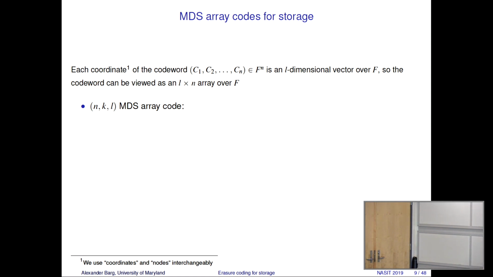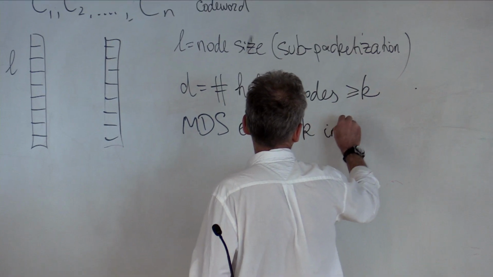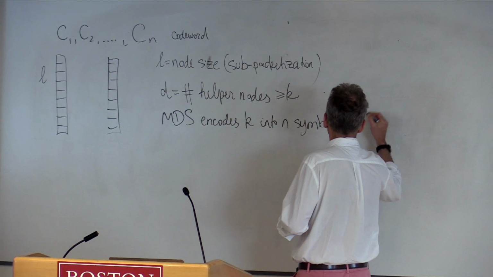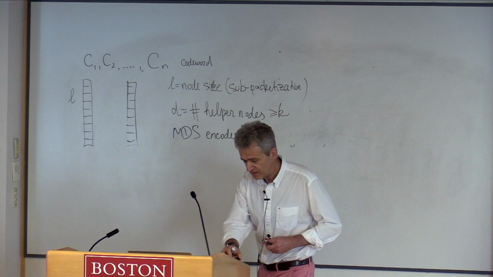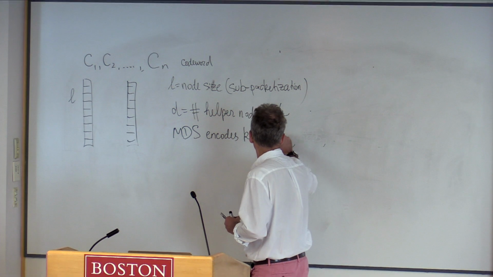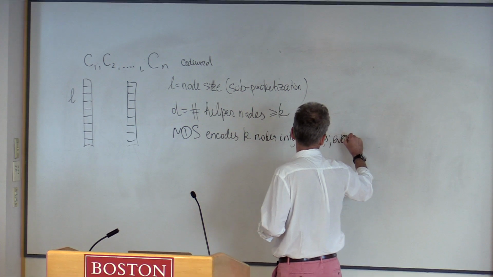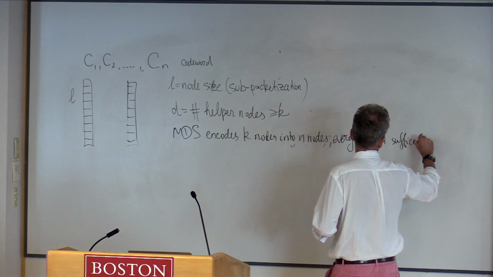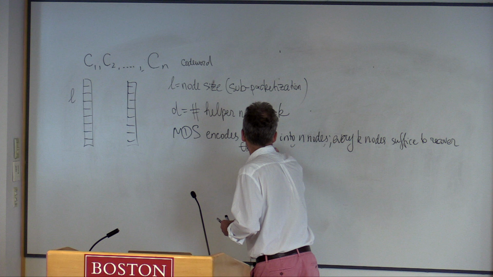So MDS code as before. MDS encodes k nodes into n nodes. Let's keep the terminology: every k nodes suffice to recover the file, all the information.